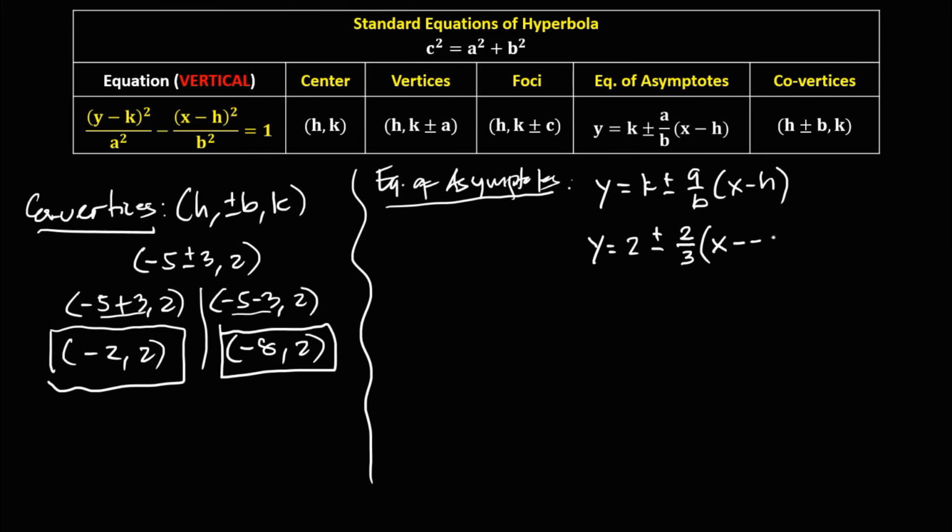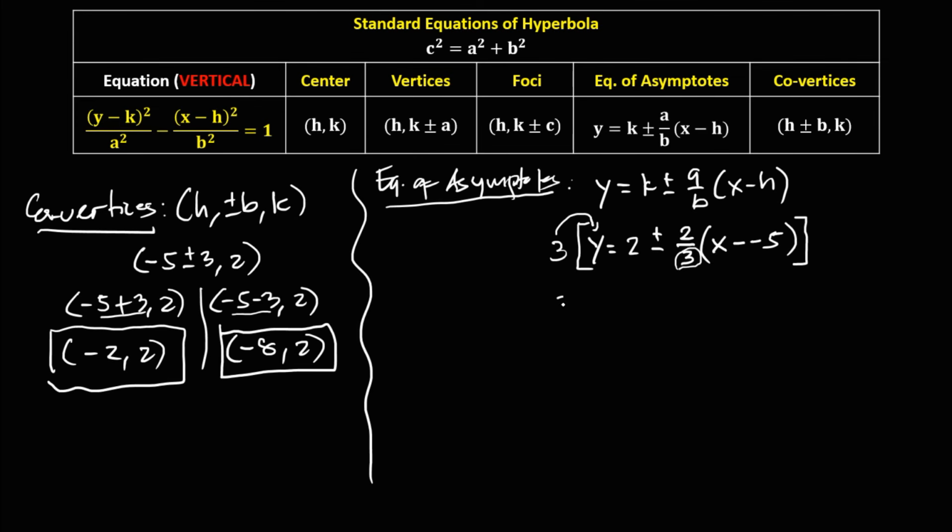So this is negative 5. Then this time to simplify, since we have this denominator 3, we just need to multiply this whole equation by this denominator 3. Then you distribute.